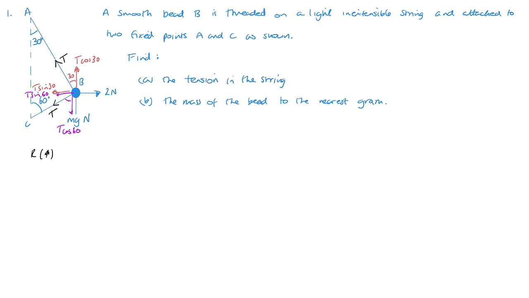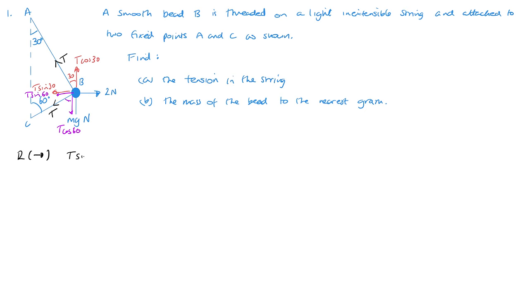And then the 2 newtons and the mg newtons will stay the same. Now, I did say I was going to resolve vertically here, but if I resolve vertically, I've got T's and I've got m's, so I can't resolve vertically to find the tension. I need to look at the horizontal ones.